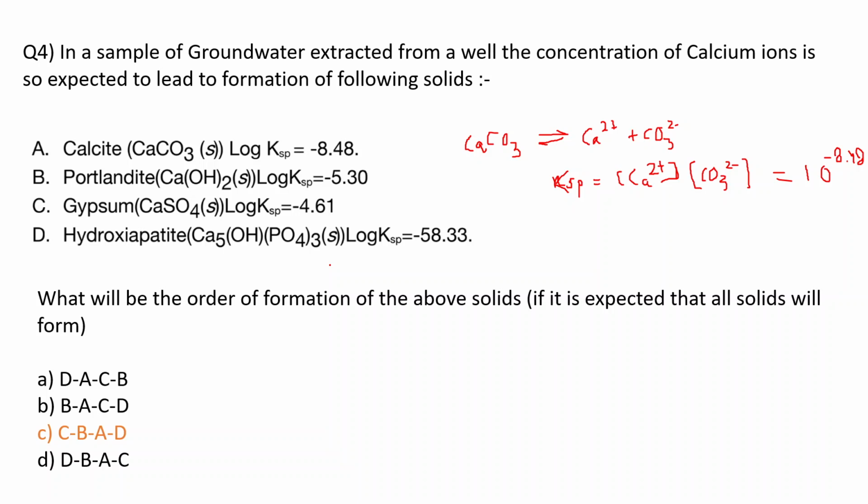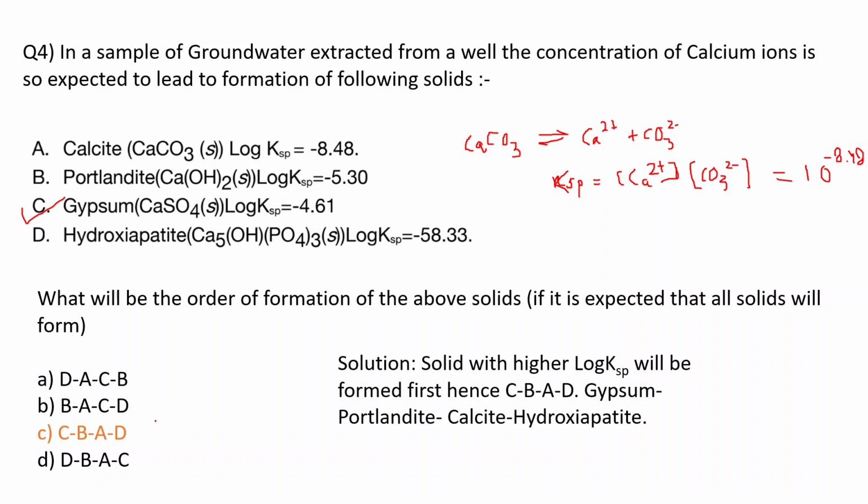So the answer is CBAD, meaning the compound with the lowest KSP will be formed first. So the solution with higher log KSP will be formed first, hence CBAD, and this is the sequence. First gypsum will be formed, then portlandite, calcite, then hydroxyapatite.